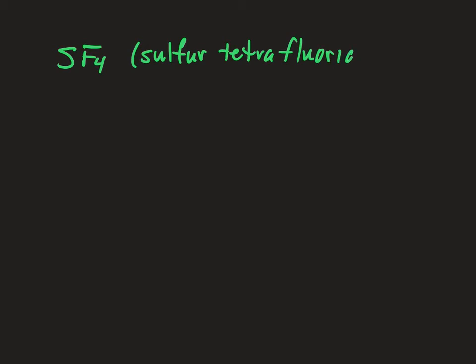So let's look at a molecule like SF4, or sulfur tetrafluoride. Fluorine is our most electronegative element, so sulfur will have to go in the center with fluorine around the outside.